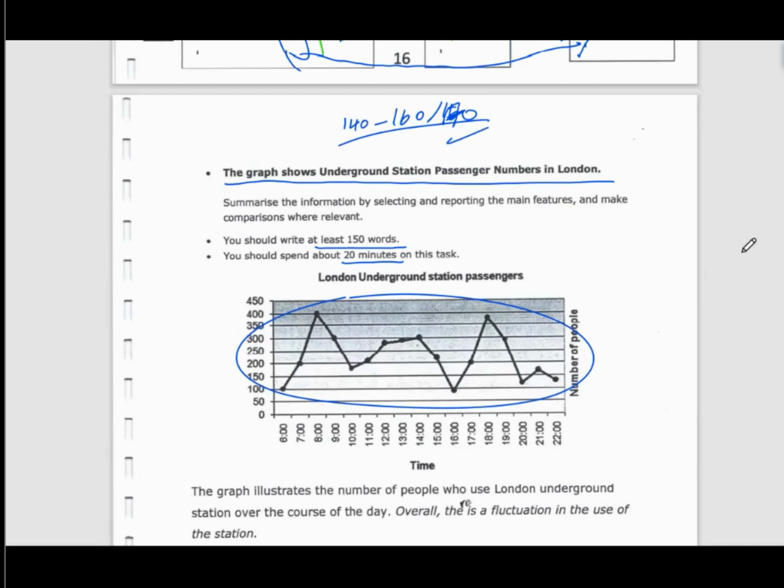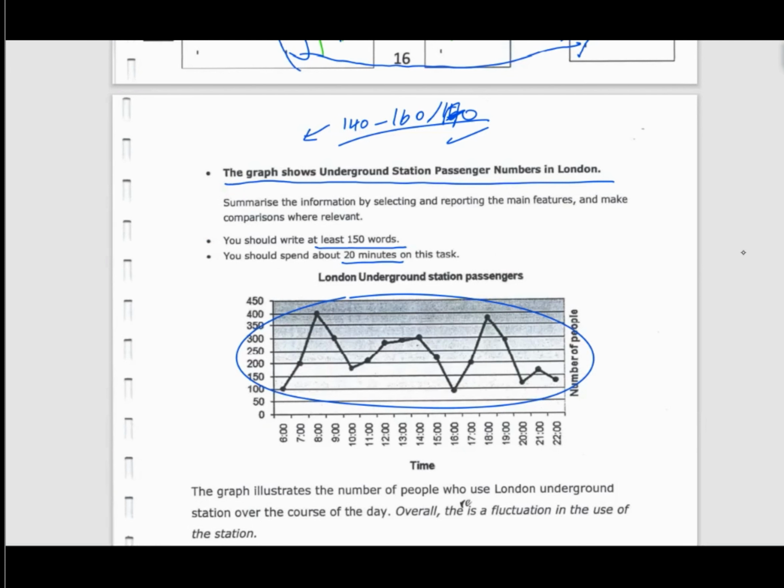That is fine. If you write less than 140, you might lose marks. Like if you write 120 words, 130, you will lose marks. But if you write 160, 170, 180, you will not lose marks, but you will not get more marks. So at least you'll be on the safe side.